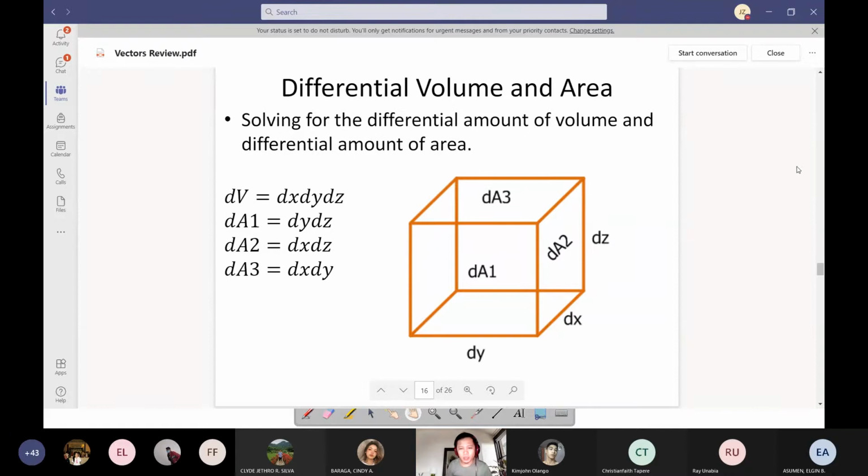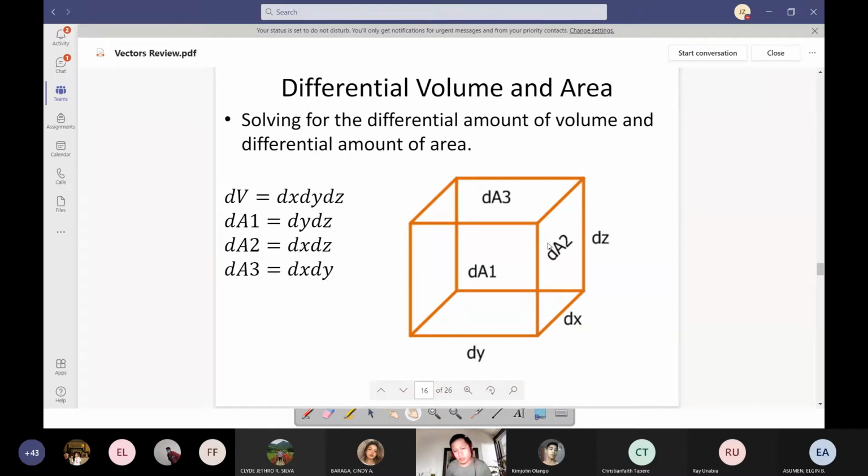And of course, if you want to get the areas, let's say the area in the front, you just have to determine the dimensions. For the front, you have this is z and this is y, so dy dz is the differential area in the front.